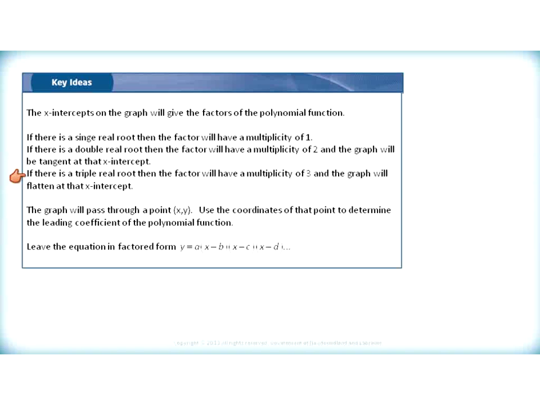If there is a triple real root, then the factor will have a multiplicity of 3, and the graph will flatten at that x-intercept. The graph will pass through a point (x, y). We can use the coordinates of that point to determine the leading coefficient of the polynomial function. We leave our answer in factored form, y equals a times (x - b) times (x - c) times (x - d), and so on.